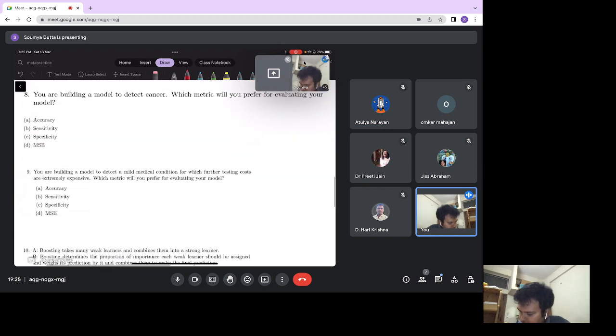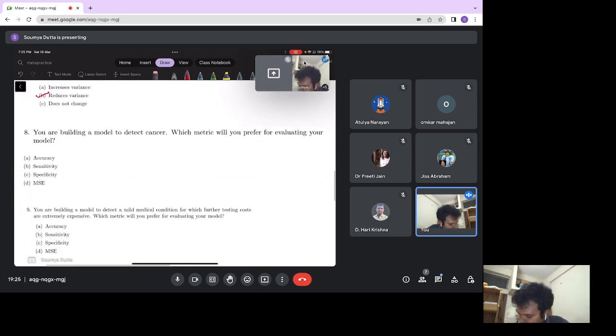The next two cases are about building models. While building machine learning models, you need to evaluate them. Which factors you should focus on depends on the particular task for which you will be using the model. Let's say you are building a model to detect cancer, and which metric would you prefer?